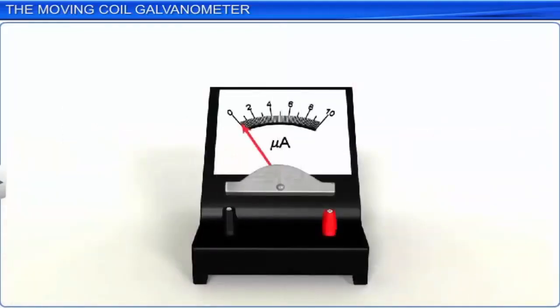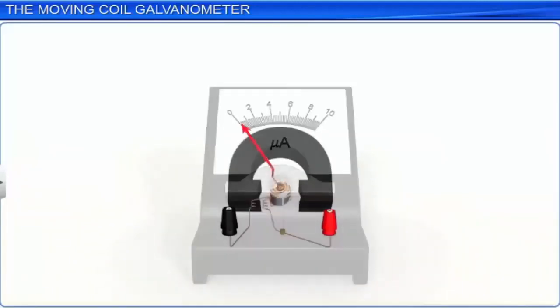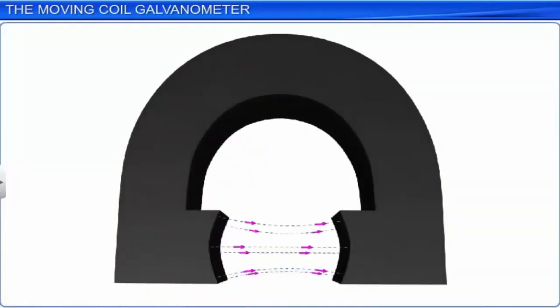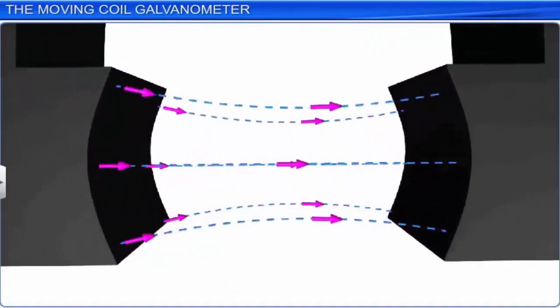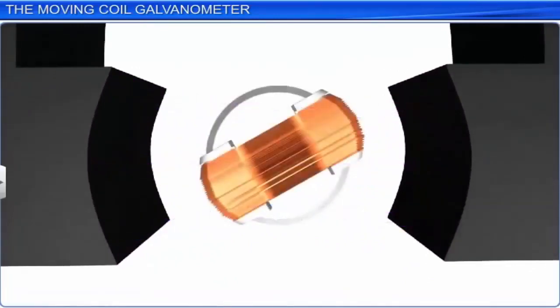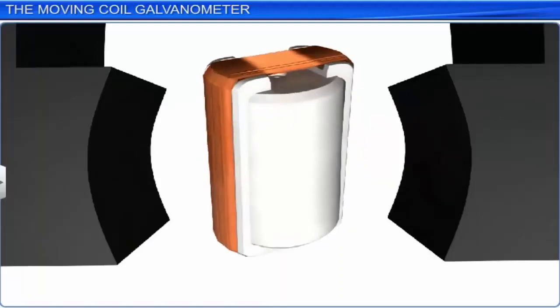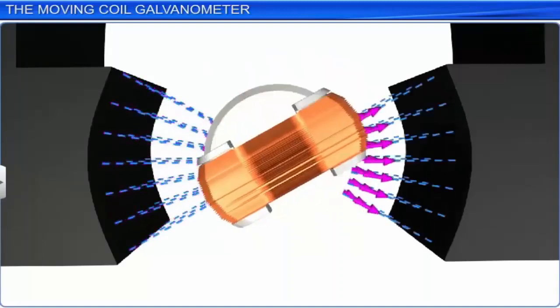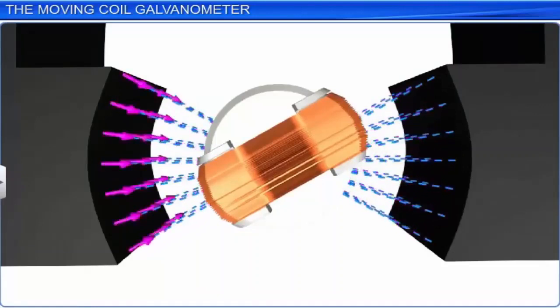Before discussing the working of a moving coil galvanometer, let us have a look at its essential parts. The moving coil galvanometer consists of circular-shaped magnetic poles, which create a uniform radial magnetic field. It also consists of a current-carrying coil of many turns wound in a rectangular shape over a soft iron core. The soft iron core increases the strength of the uniform radial magnetic field.